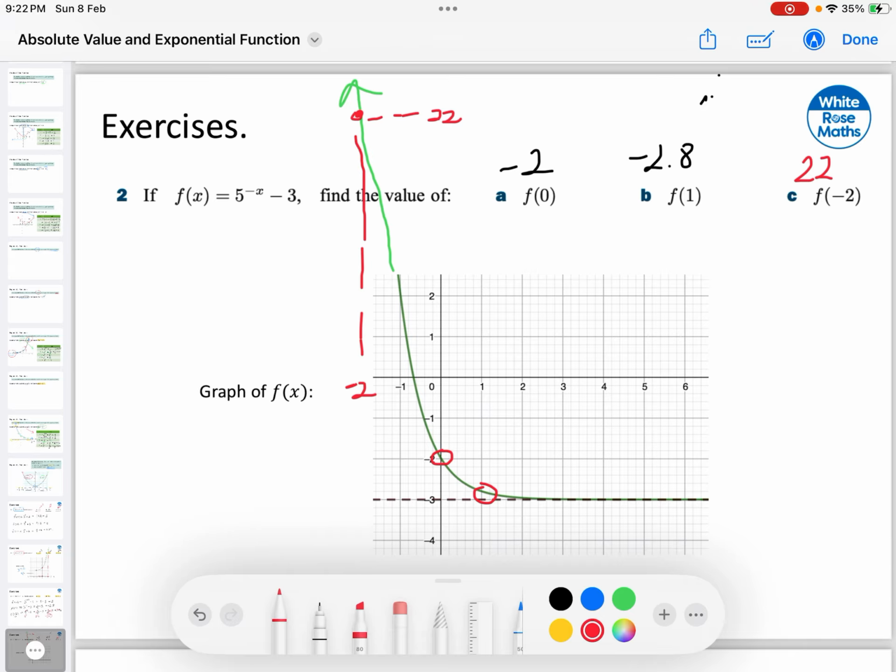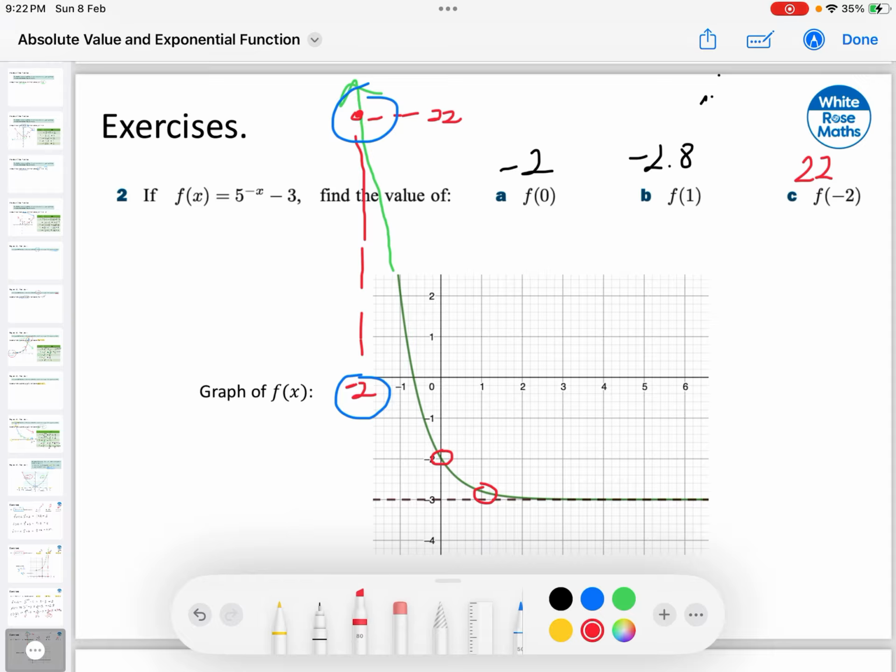We started by saying that the answer was negative 2.96, and of course that's not an option if this is an exponential function that is decreasing. So that's how I know that in this case, negative 2, the answer has to be very, very high, and it should be positive, in this case 22.